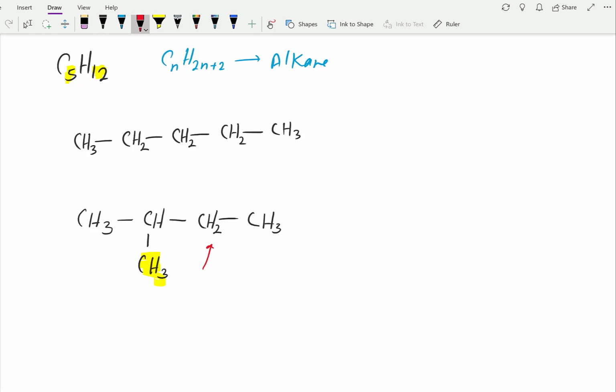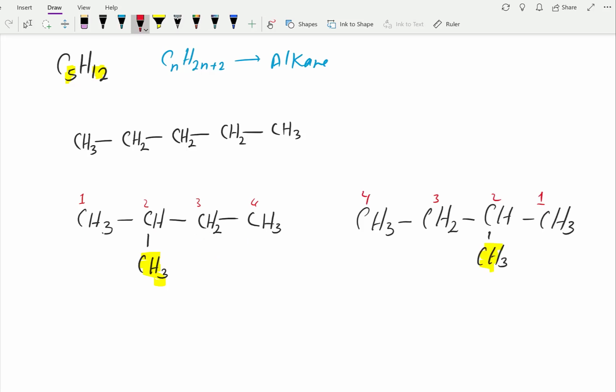In both of them, it's in the second position. If I put it on the left side, when I number the hydrocarbon, I should number it from the left. It becomes 1, 2, 3, 4. If I put it on the right side, when I number the hydrocarbon, I should number it from the right side. 1, 2, 3, 4. So in both of them, the methyl would be in the second position.